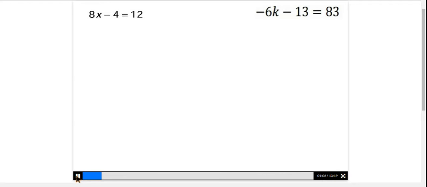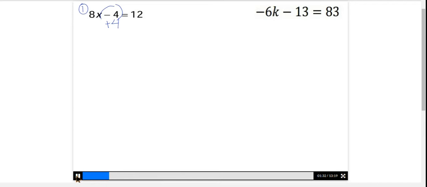All right, our first equation is 8x minus 4 equals 12. And that means 8 times some number I don't know minus 4 gives me 12. So if I think about it like the picture, here I have my negative 4 chips. And so in order to make the 0 pairs, I add 4 chips.